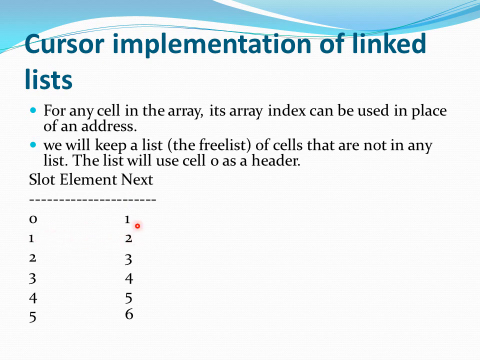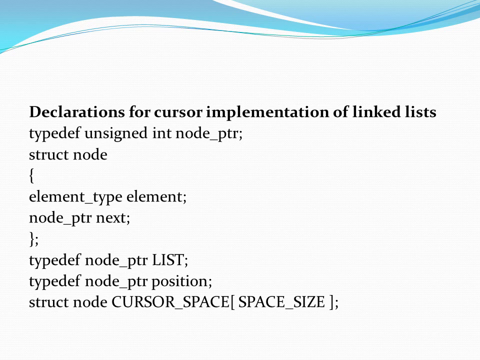For 1, next field contains 2, means index 2 is empty. Here we are keeping the free list from 0 to n. Here 0 as the header, considering this as header.